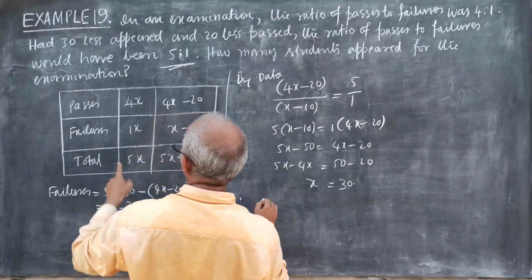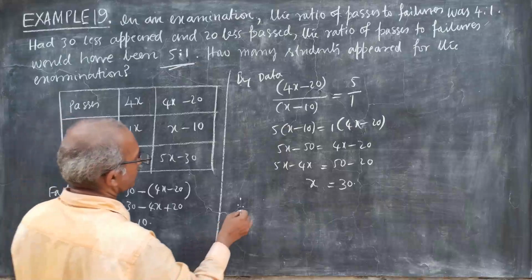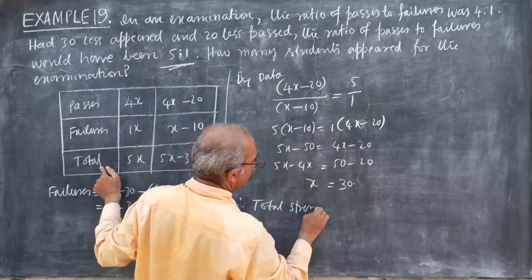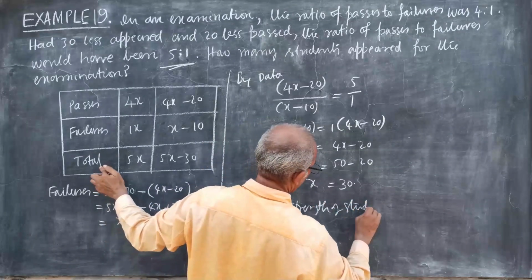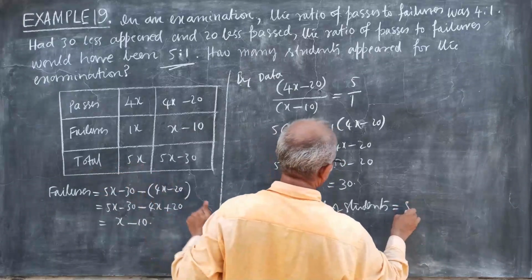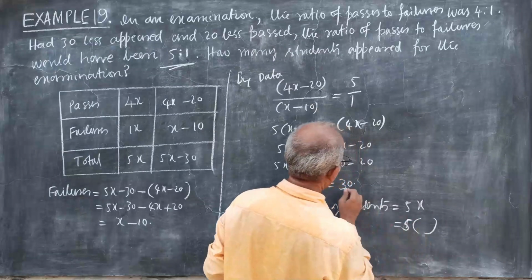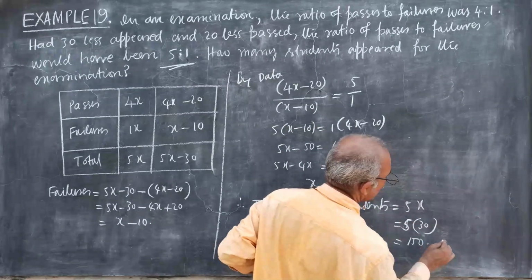Therefore, what is asked? What is the total strength? Therefore, the total strength of students, that means boys as well as girls, is 5x. So this is equal to 5 into x. x is 30. So 150 students.